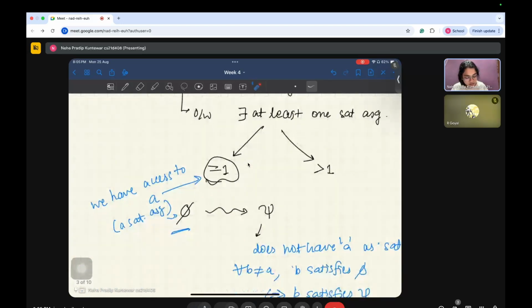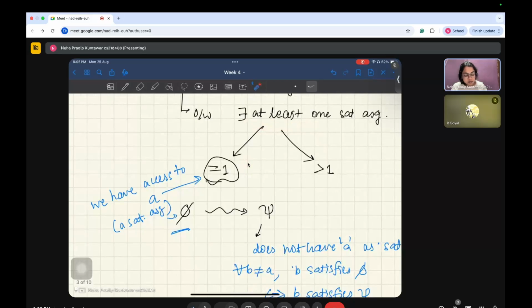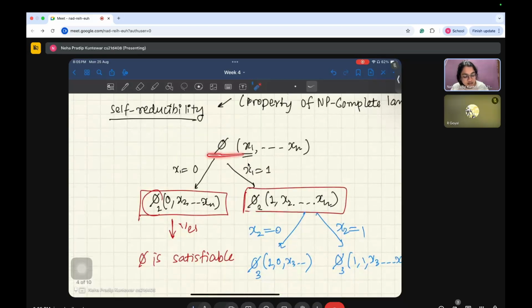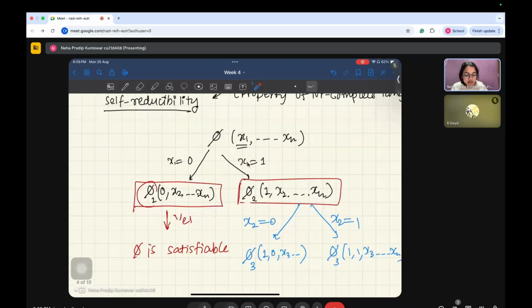Now the next step is that we're going to construct this assignment. If there is a satisfying assignment, either it will put x1 as 0 or it will put x1 as 1. So we will branch out here and ask the Oracle Turing machine whether this is satisfiable.